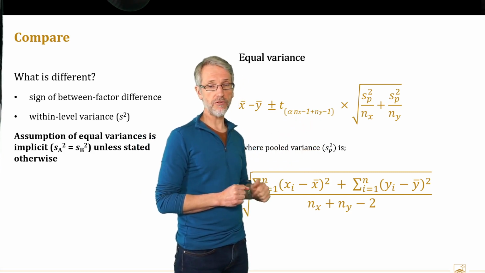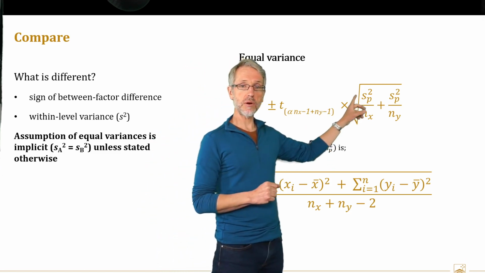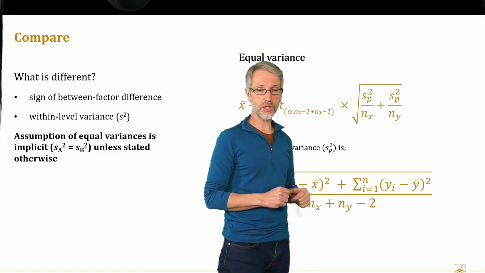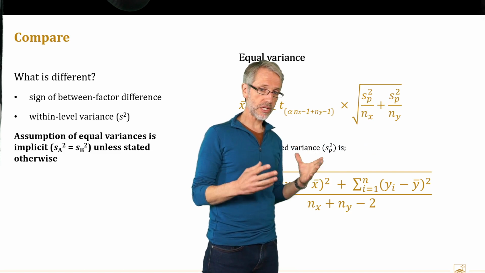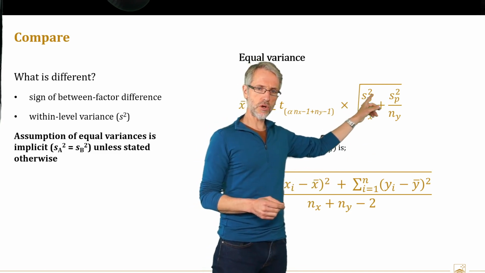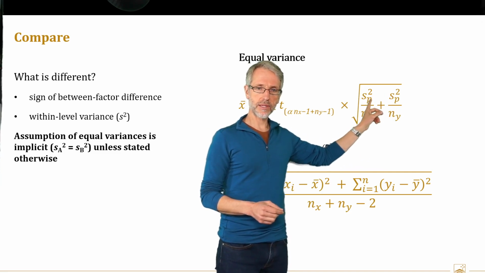We still have an alpha value in there, or our significance, and that remains the same, but we also then have two sets of variances. Now when we assume equal variance, the strange thing about our two terms of variance here is that they're the same.